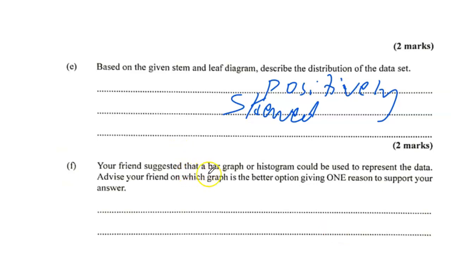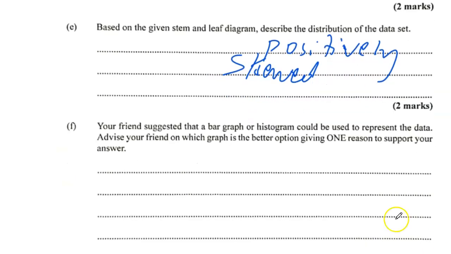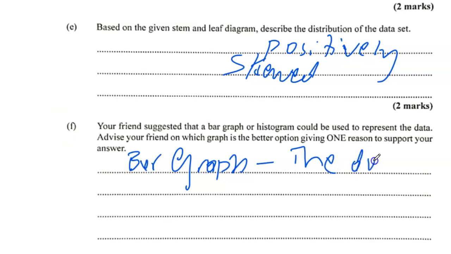Your friend suggested that a bar graph or histogram could be used to represent the data. Advise your friend on which graph is the better option, giving one reason to support your answer. Of course, it would be a bar graph. The reason is that the data is discrete.